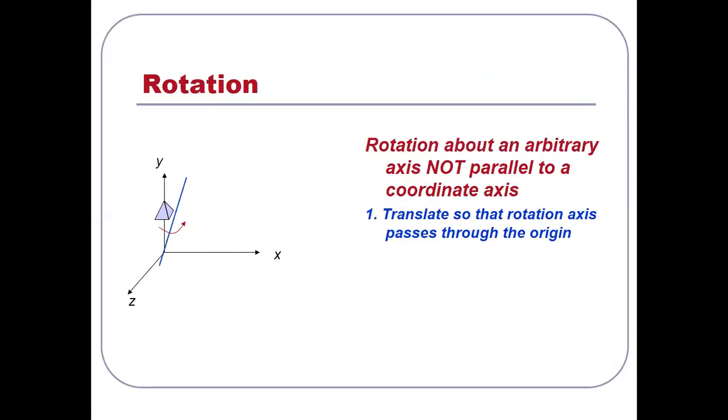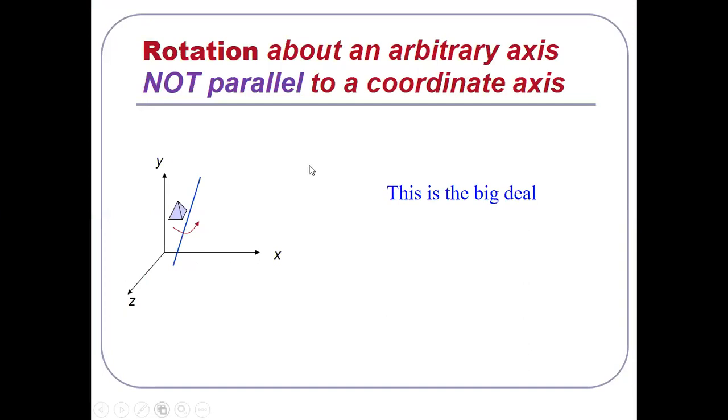First step, the original diagram, or the original scenario, will be something like this. First step is bring this arbitrary axis, which is not parallel to your axis, to the origin.